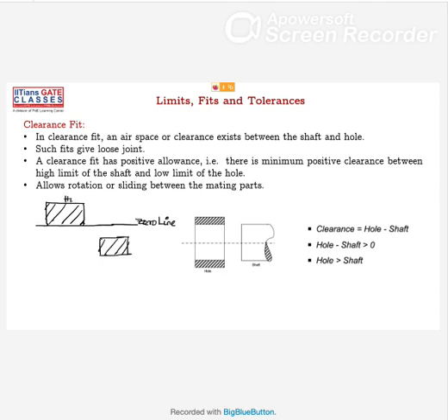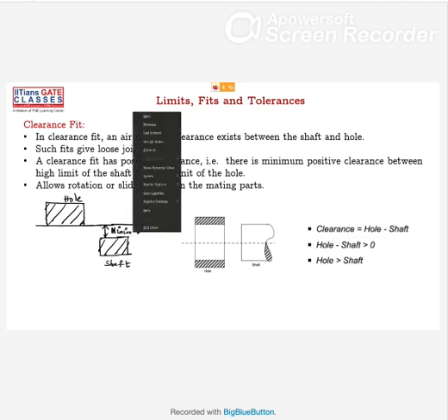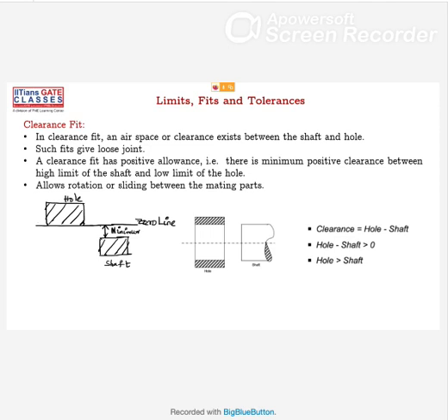So this is hole, this is shaft, and this is your minimum clearance. Sorry, it's not maximum, it is minimum clearance. So this is what is called your allowance clearance, and this is your maximum clearance. This is your clearance fit.